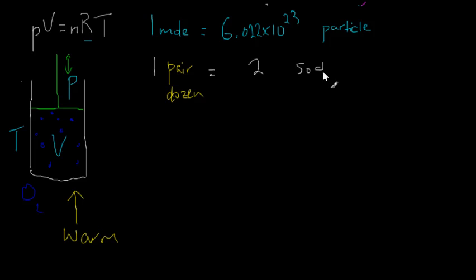So if I say a pair, I think two. It can be socks, it can be other things. If I have a dozen, I think 12. If I have a dozen eggs, I know I have 12 eggs.